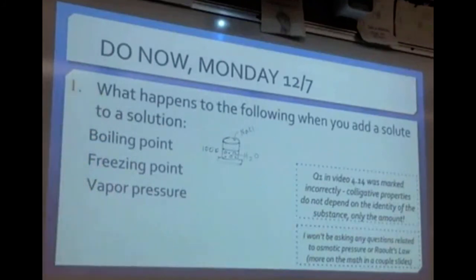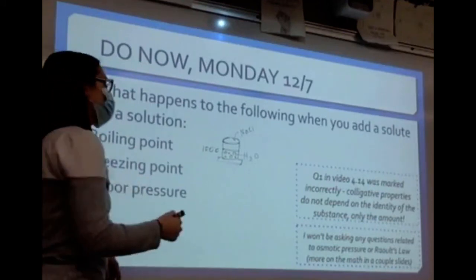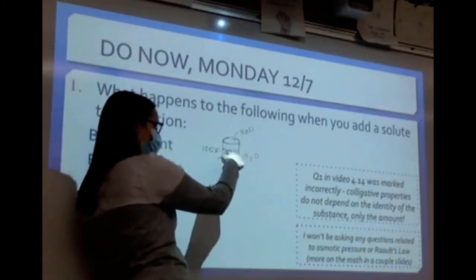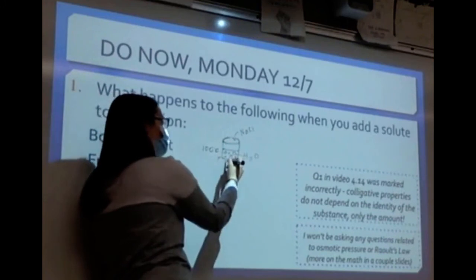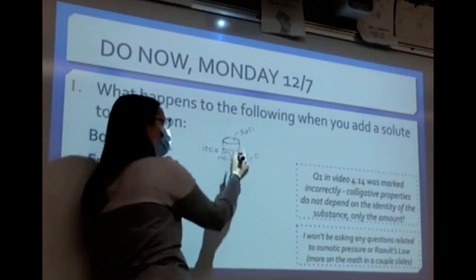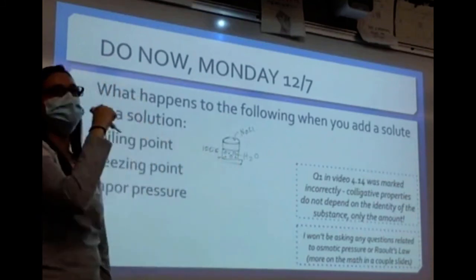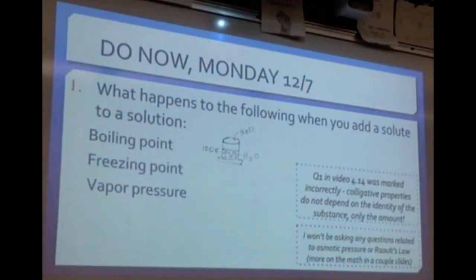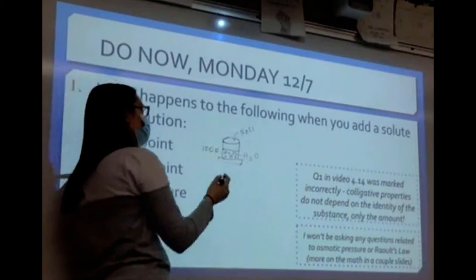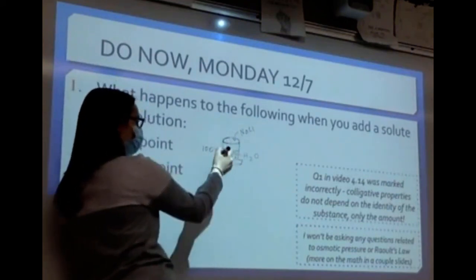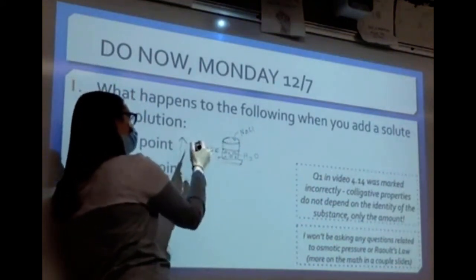When you add a solute, whether it's NaCl, whether it's glucose, no matter what solute it is, you now have to add more heat to not only move the water molecules, but to also move the solute particles as well. So when you add a solute, you increase the boiling point.